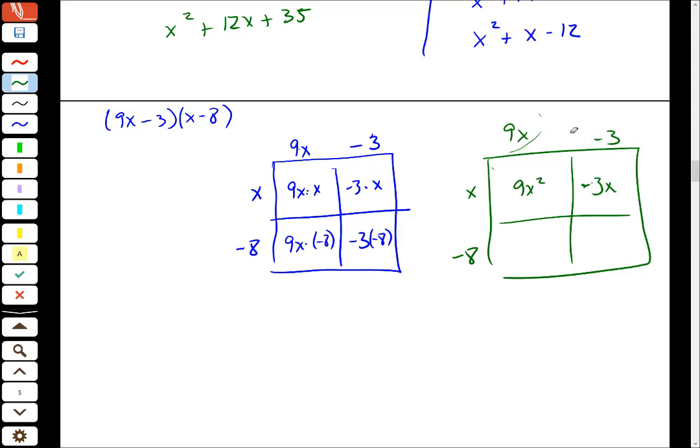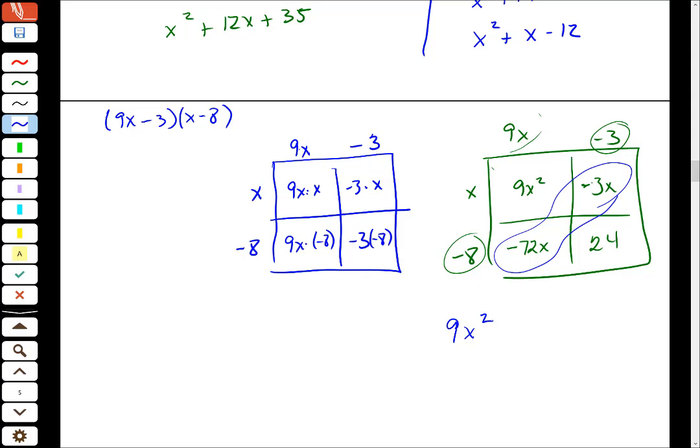Then I move back, and my next step is 9x, and I come down and pick up, and I'm thinking about those two, and that's negative 72x. And then the last step, I take negative 3 and I multiply by negative 8, and that's 24. Okay? Then I add these up, and if you have a normal binomial, you'll find like terms here, and people will sometimes add those in one step.